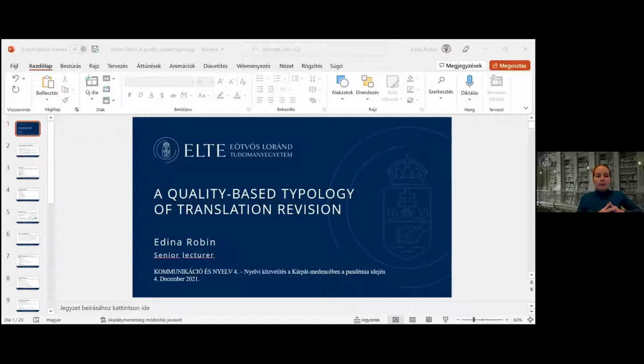And if they need to perform this task, they need to adhere to a set of principles. Mossop, in his book on translation revision, provides us with 20 principles for revision. Some of these are more practical advice, and I'd like to summarize these 20 principles in just a few sort of guidelines. First of all, revision needs to be efficient.